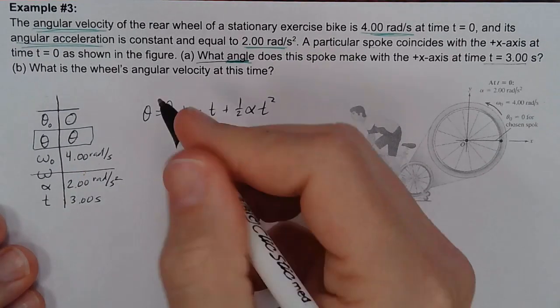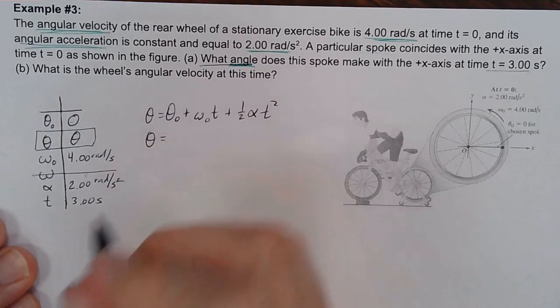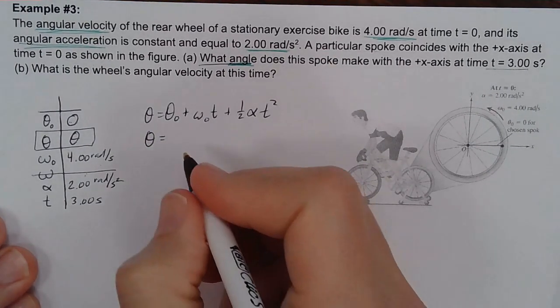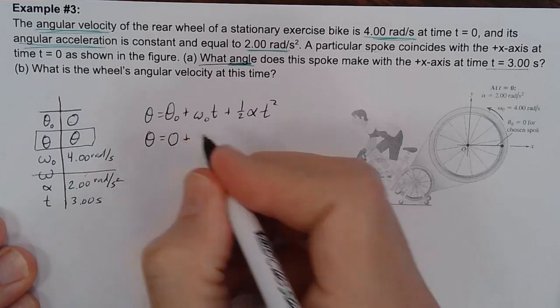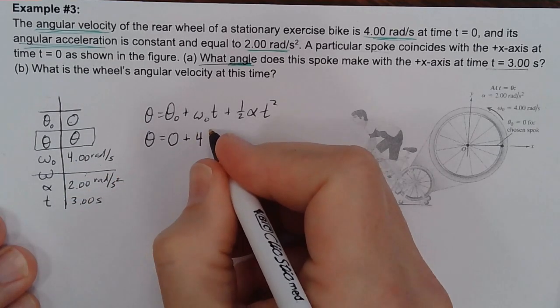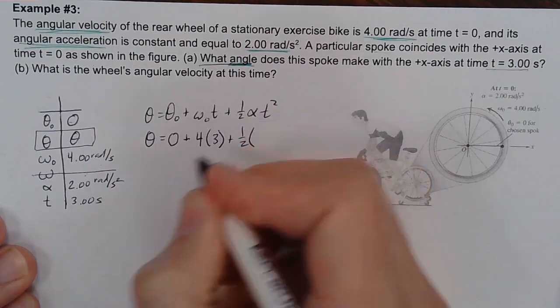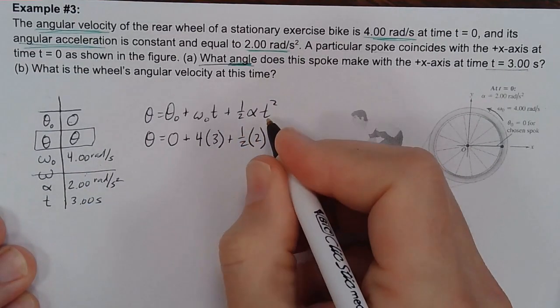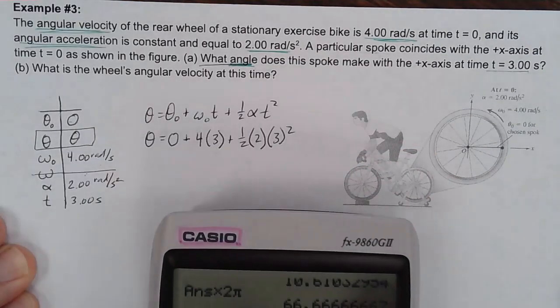And so now I should just be able to put it into my kinematics equation. So that final angle, that final distance, equals the initial position, which is 0, plus the initial speed, which was 4, times the time, which is 3 seconds, plus 1/2 times the acceleration, which is 2, times the time again squared, which is 3 squared. And so now I just plug those numbers in.